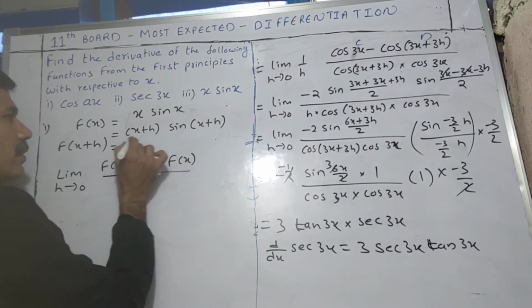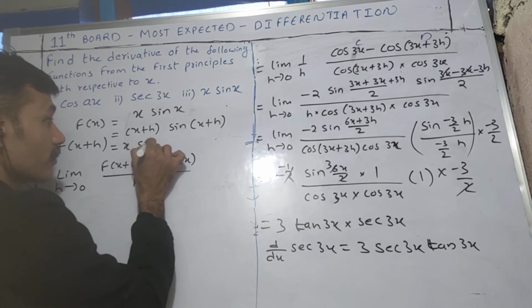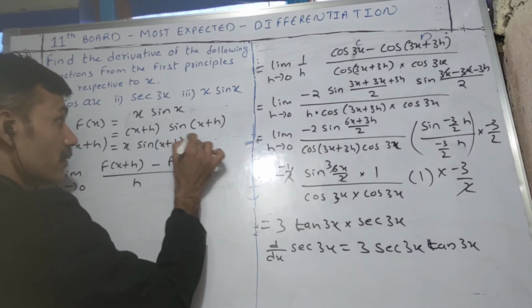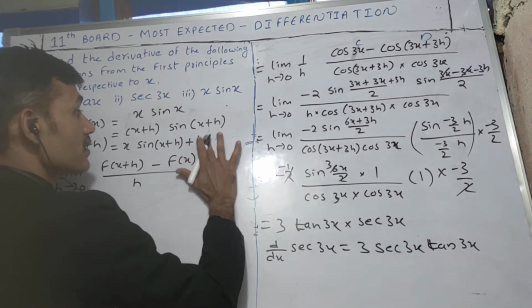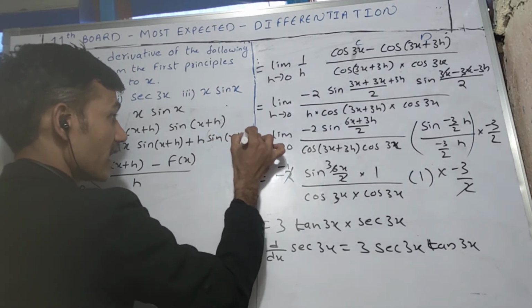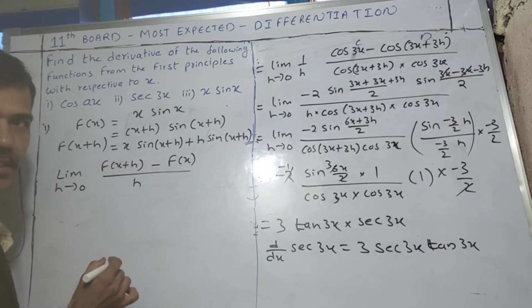See here, this thing we can multiply with x first: x times sine x plus h. Again we can multiply with h: h times sine x plus h. Okay, this is f of x plus h.